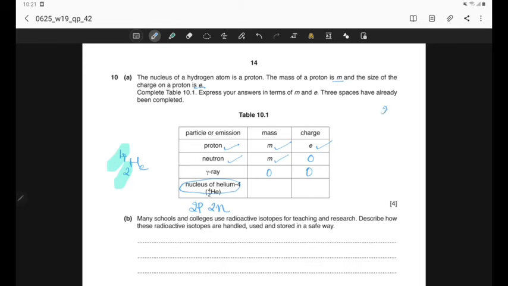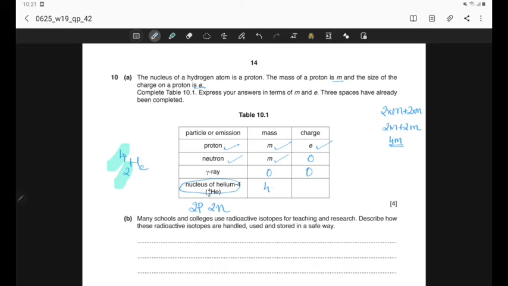So 2 protons mean 2 times m and 2 neutrons means 2 times m, because both protons and neutrons are having a mass m. So we will get 2m plus 2m, mass of protons plus mass of neutrons, so 4m.